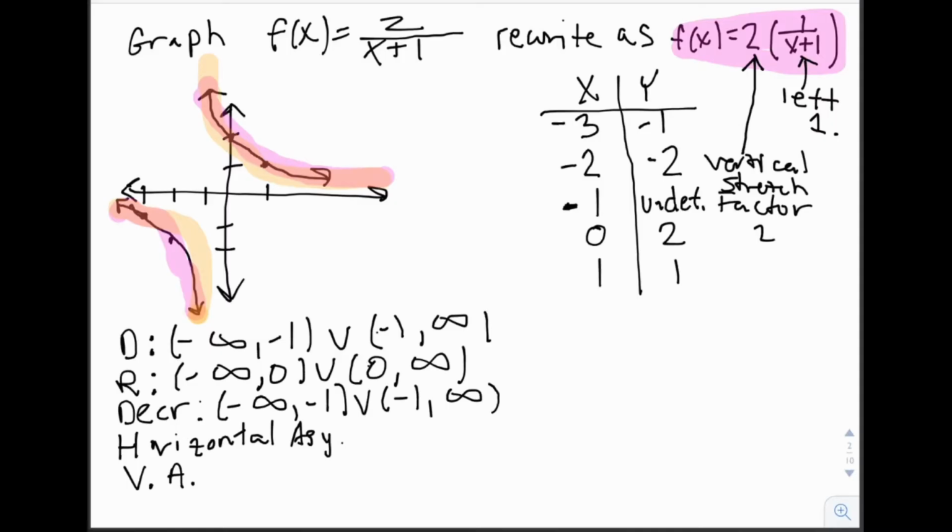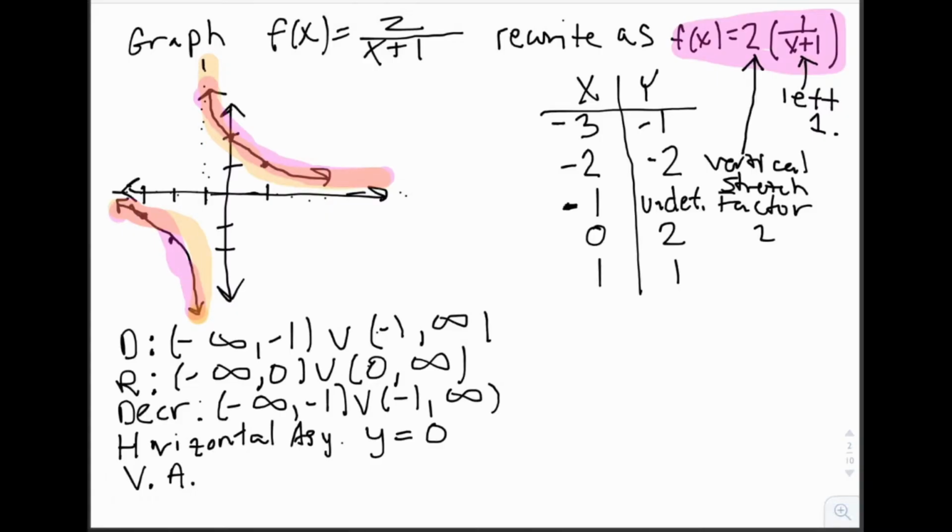Okay, our horizontal asymptote and our vertical asymptote. Our horizontal asymptote, notice how our graph never touches this line right here, or in this case, y is equal to 0. So that's going to be our horizontal asymptote. Now, our vertical asymptote, notice how our graph never touches this invisible line.